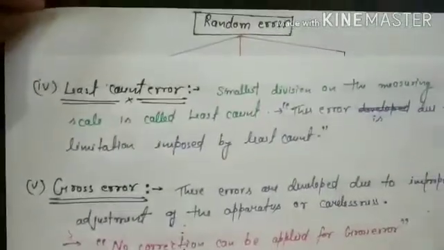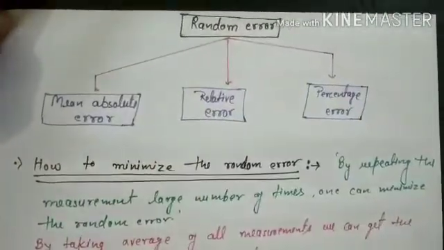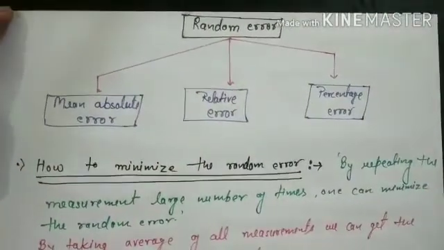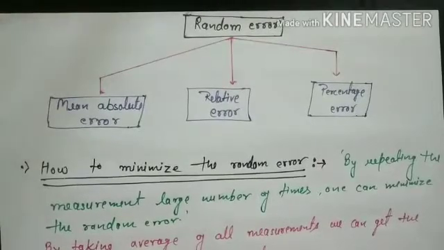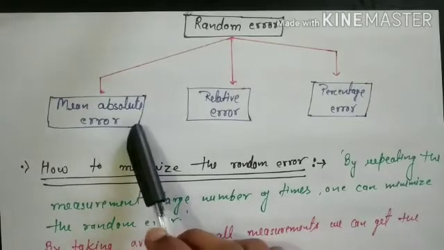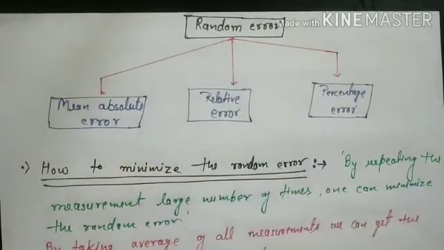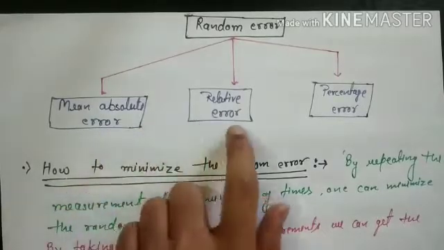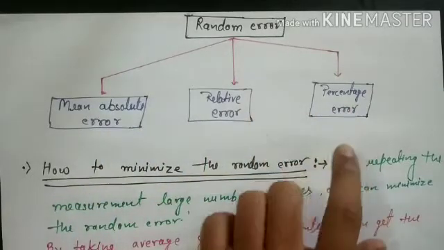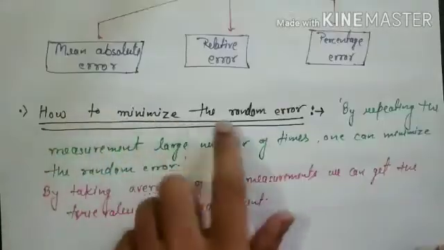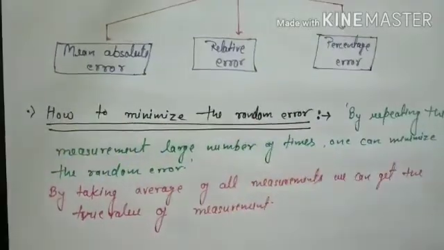Next we'll talk about random errors. As we have seen in the definition, random errors are bidirectional. They may be positive, they may be negative. These three things we have to study in random error: mean absolute error, relative error and percentage error. How to minimize the random error?